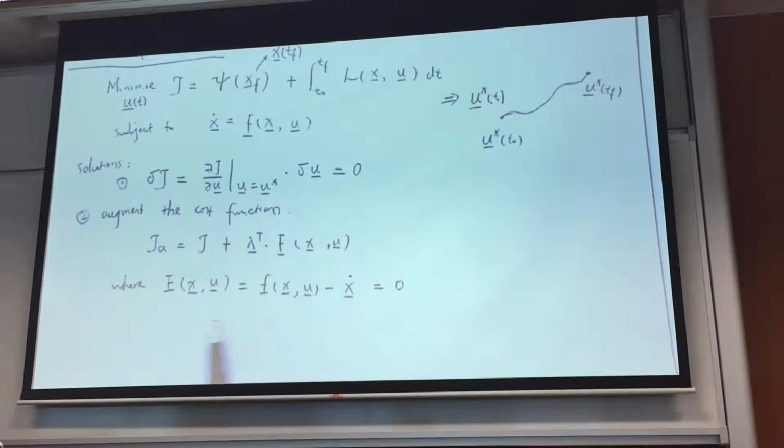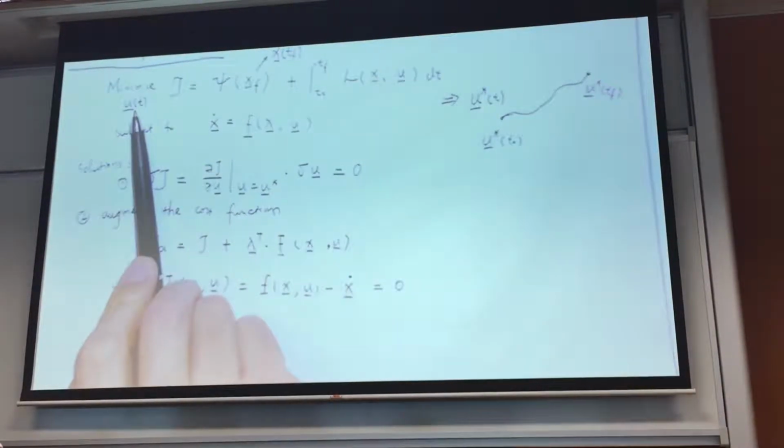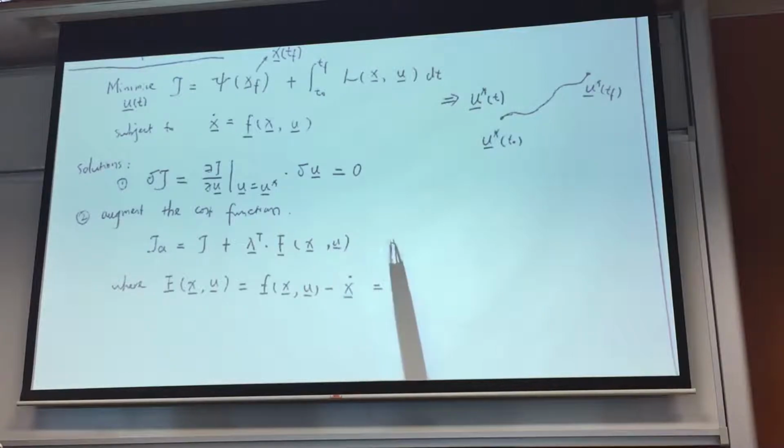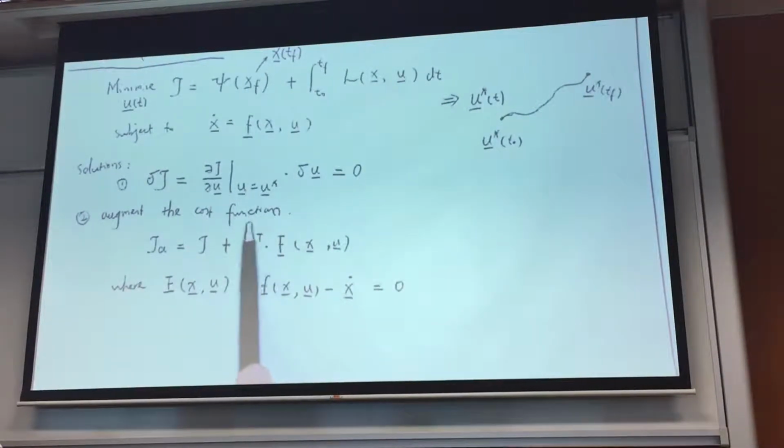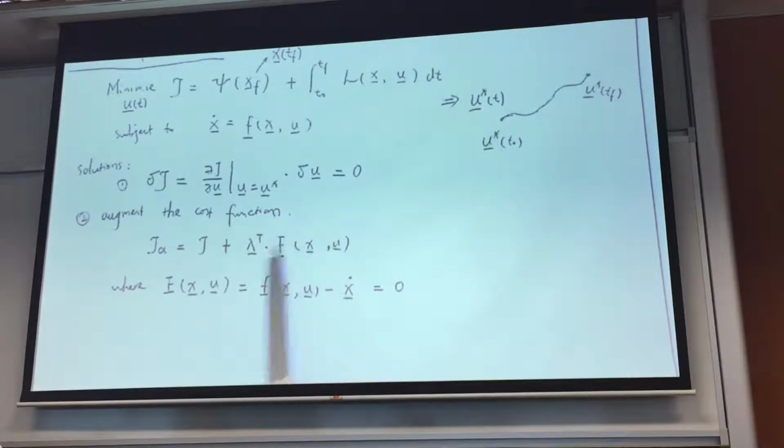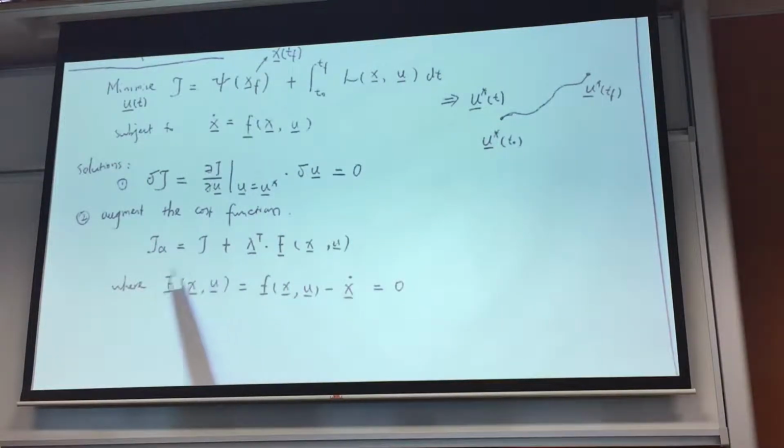But that only happens at the optimal control input. If u equals u star, this will be 0. Then this product has no impact on the cost function, so we can augment the cost function this way. It's the same equation that we used in the first part, in the constrained optimization problem.